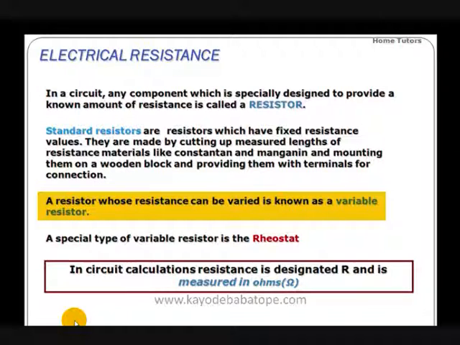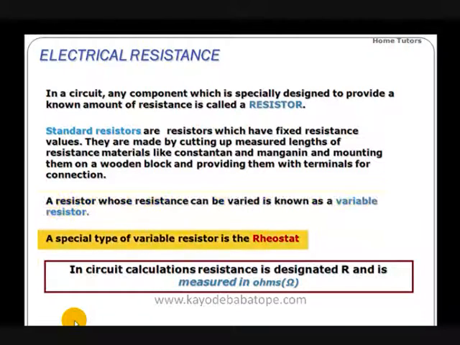However, a resistor whose resistance can be varied is known as a variable resistor, and a special type of variable resistor is the rheostat. So we have the standard resistors, which are resistors with standard values of resistance. Okay? And then we have resistors whose resistance can be varied.